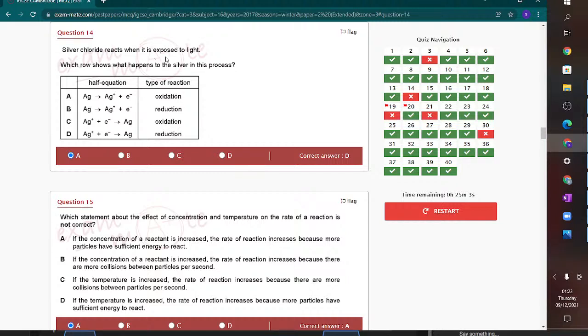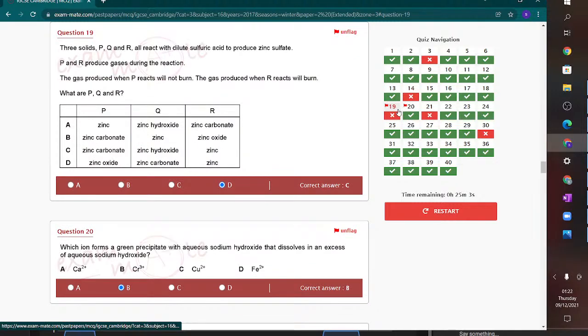AgCl might react with magnesium, for example, and magnesium will displace Ag in AgCl because it is more reactive, and therefore Ag will gain an electron and become a metal. The answer is C.